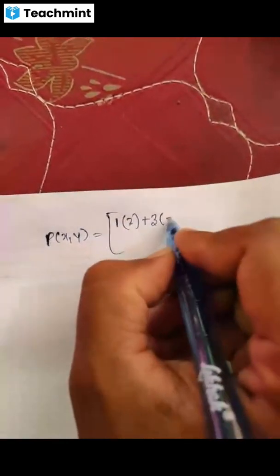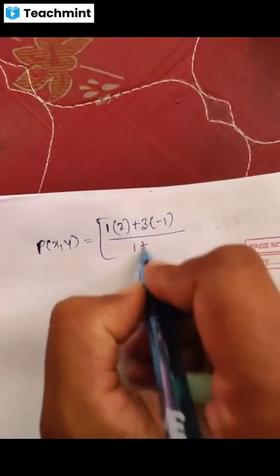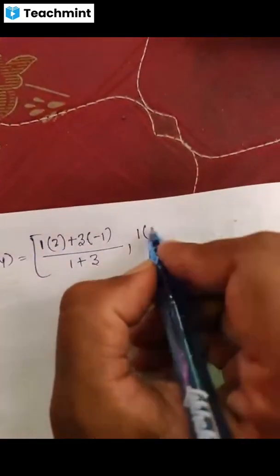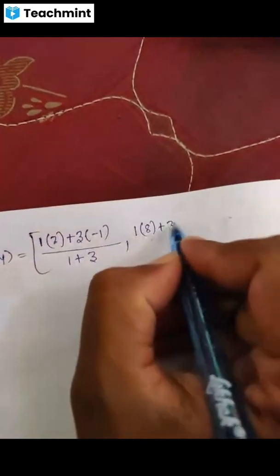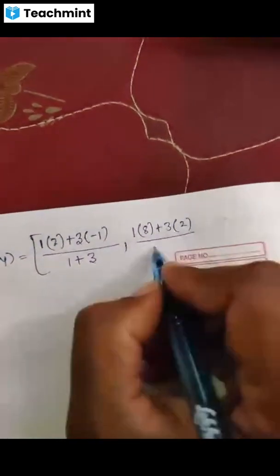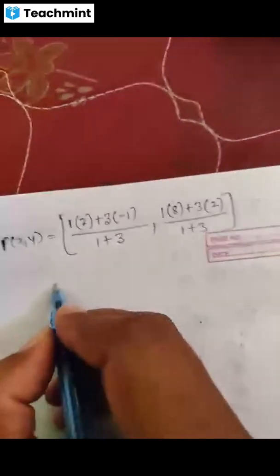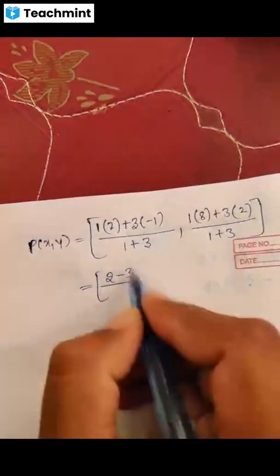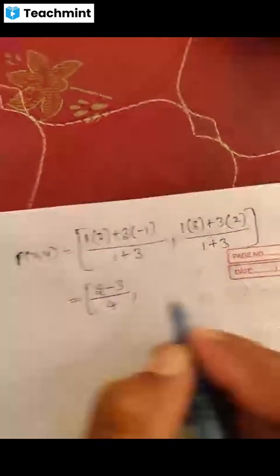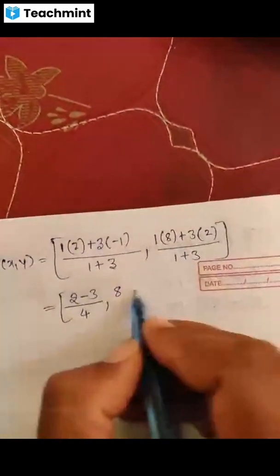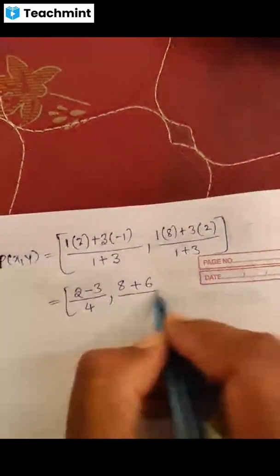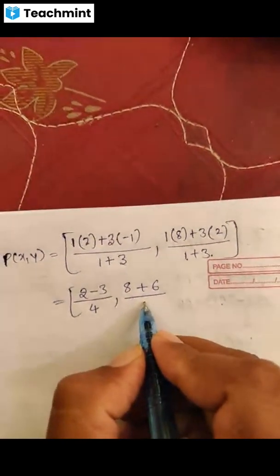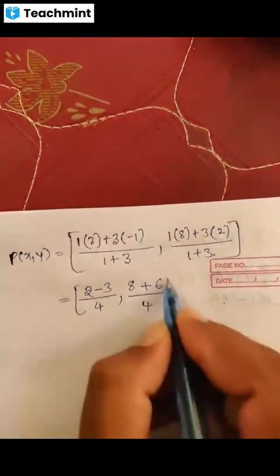That is minus 1 divided by 1 plus 3, comma m is 1, y2 is 8 plus n is 3, y1 is 2 divided by 1 plus 3, that is equal to 1 2s are 2, 3 minus 1s are minus 3 divided by 1 plus 3 is 4, comma 1 8s are 8 plus 3 2s are 6 divided by 1 plus 3 is 4.